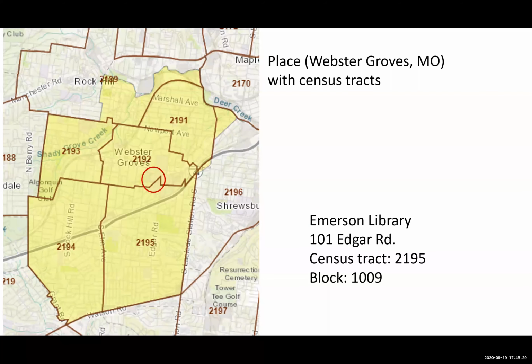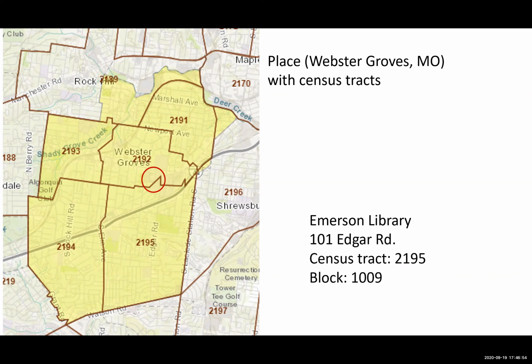Another geographic term you will see is the word place, which is commonly used for cities and towns. The area shaded in yellow is the city of Webster Groves, Missouri. You can see that it contains a number of census tracts within its boundaries. Some tracts, however, straddle the city limits of Webster Groves and another incorporated area or place.